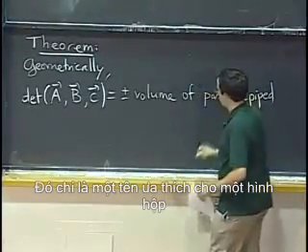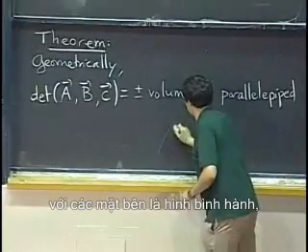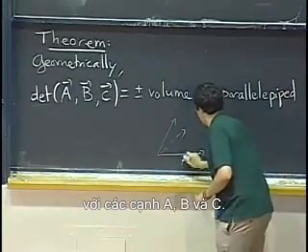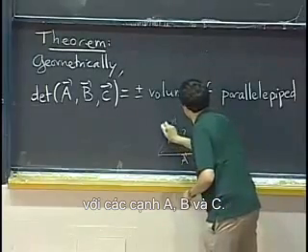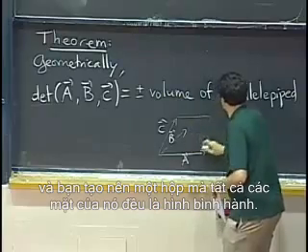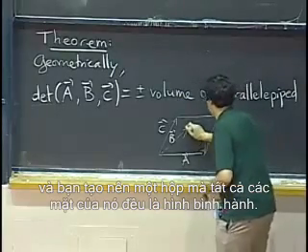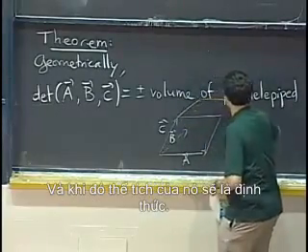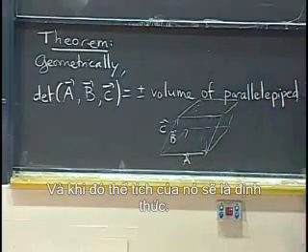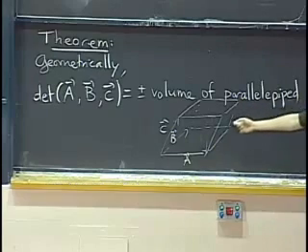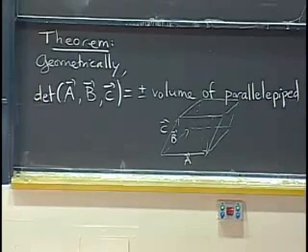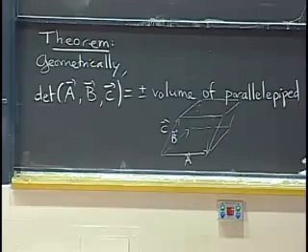That's just a fancy name for a box with parallelogram sides, in case you wonder. With sides A, B, and C. Okay, so you take your 3 vectors A, B, and C, and you form a box whose sides are all parallelograms. And then its volume is going to be the determinant. Okay.